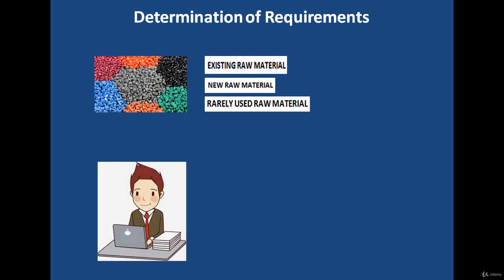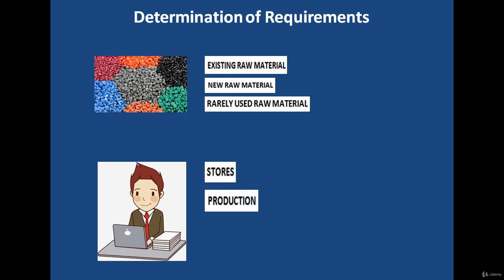And who determines the requirement or who identifies the raw material? The user, the person. It may be stores personnel who wants to increase the stock level of the particular raw material.